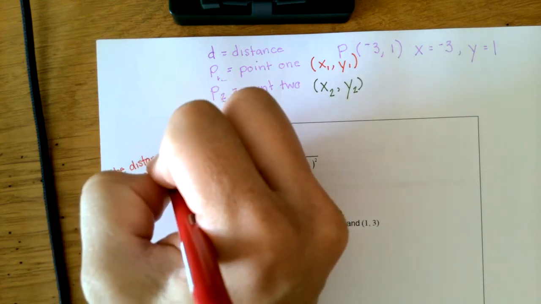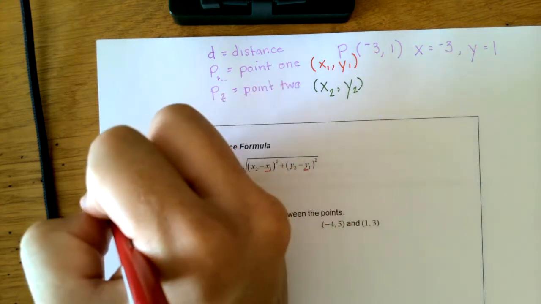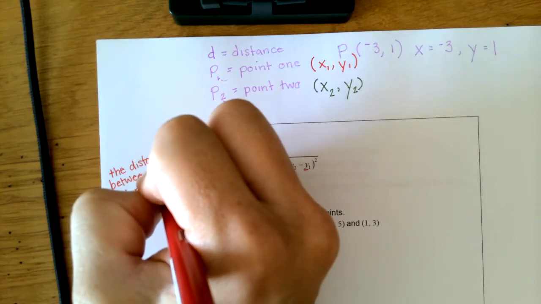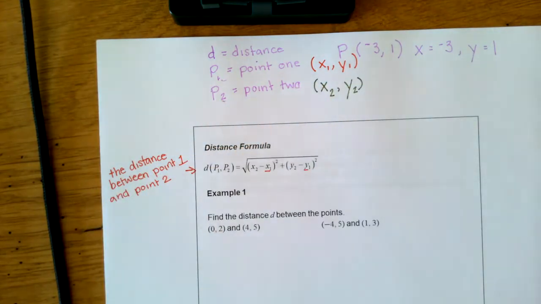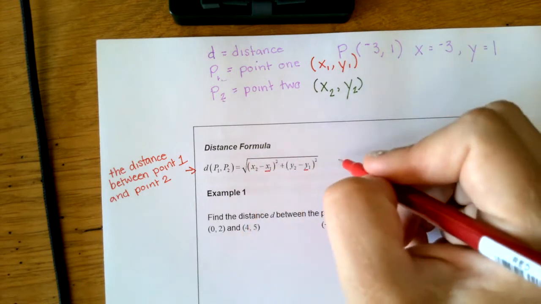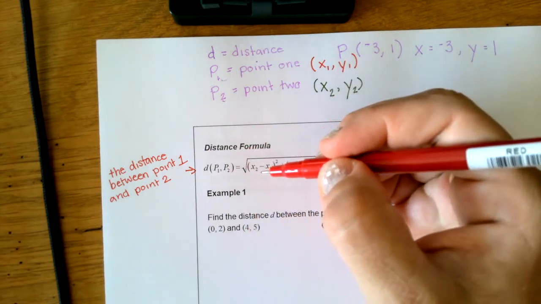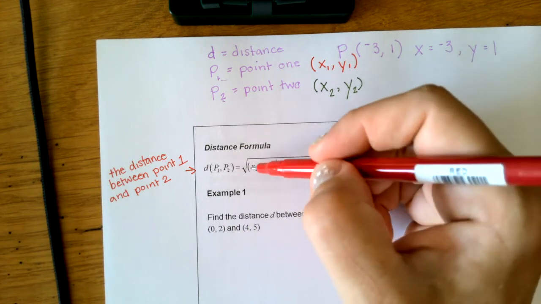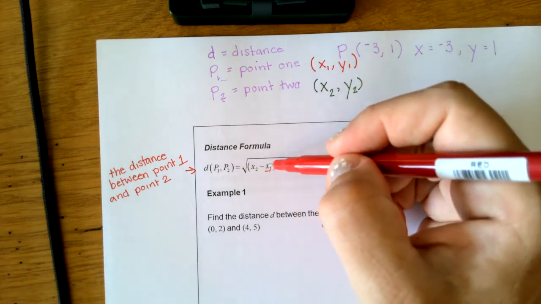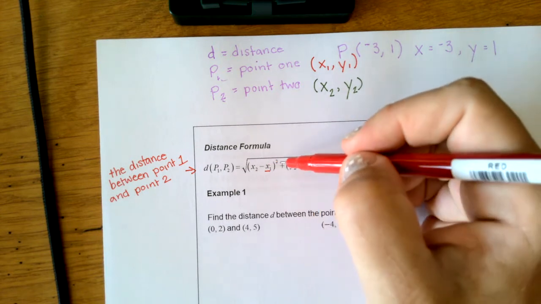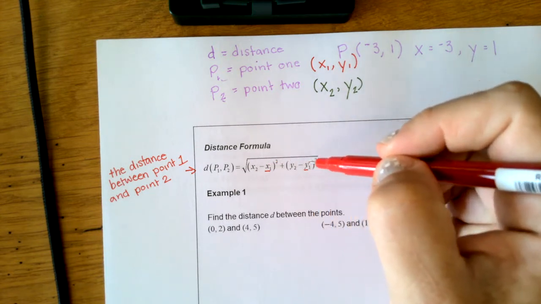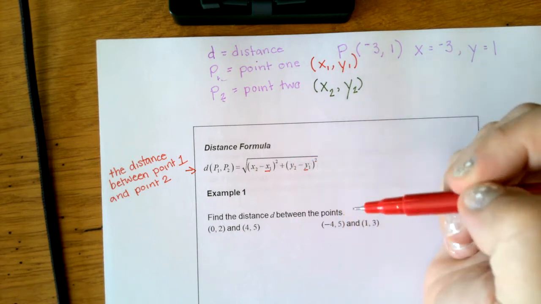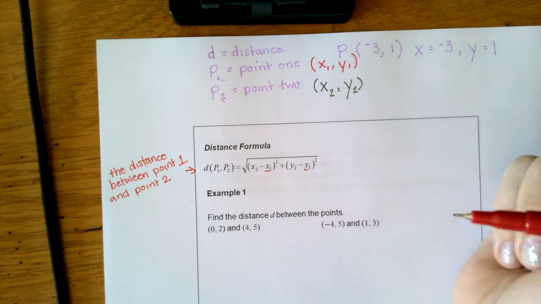Or you could even say the first point and point 2 equals, right? The square root of the quantity of the second point's x value minus the first point's x value squared, plus the second point's y value minus the first point's y value quantity squared.